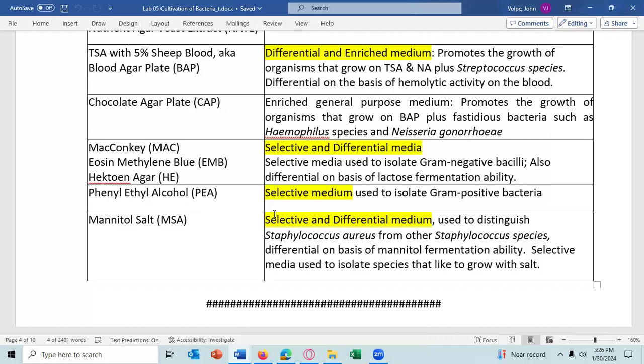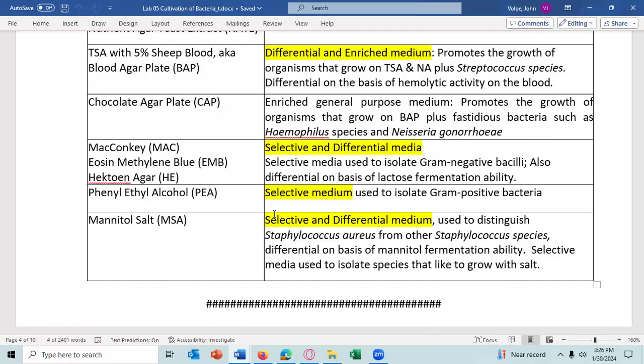What happens is there's phenylethyl alcohol, and the alcohol gets inside the gram-negative cells. The outer membrane doesn't like exposure to alcohol, and it prevents the gram-negative cells from growing.